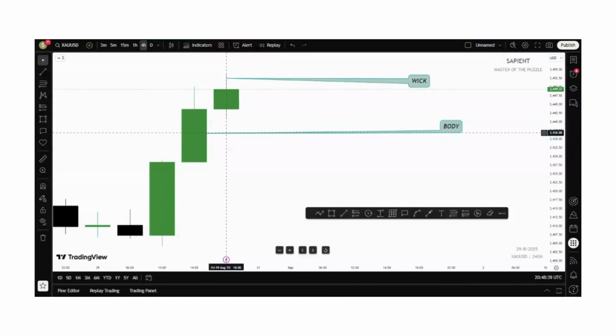But open and close on a green candle, which is a buyer candle, is different from the open and close for the seller's candle. It's very, very simple. I'll make it as simple as possible.